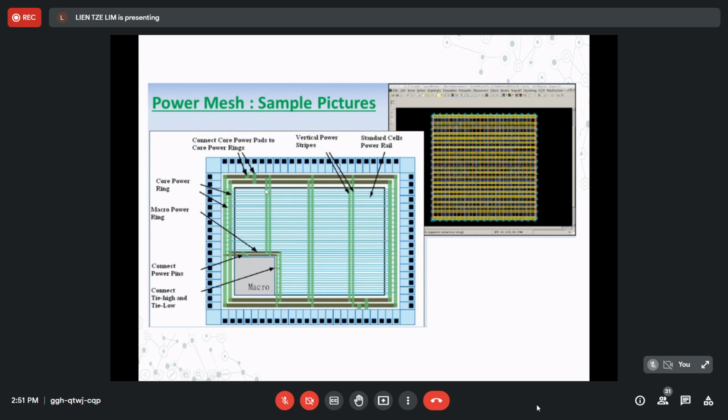Each element has its own power rings to connect to the power pads. And for standard cells, they are called power rails, not power rings.